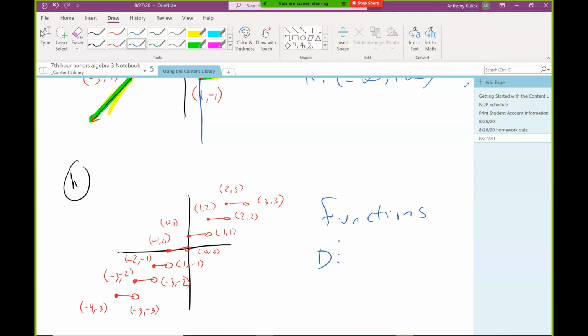So the domain is actually infinite. It's not finite. Because we have everything from -4 all the way to -3. Right? Remember, the domain is the x rather than the y. So what's the domain going to be? What's the smallest x involved? -4.